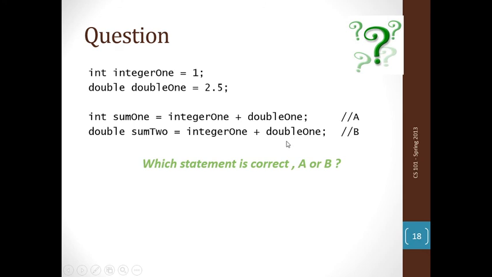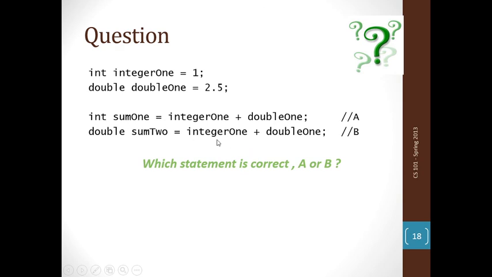We can store the smaller data type value into a larger data type, but we cannot store the larger data type value into a smaller data type. So we cannot store the double value into an integer variable. Why? Because it occupies 8 bytes and the other occupies 4 bytes.